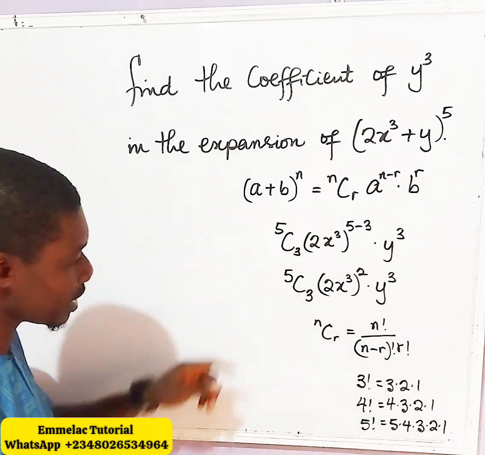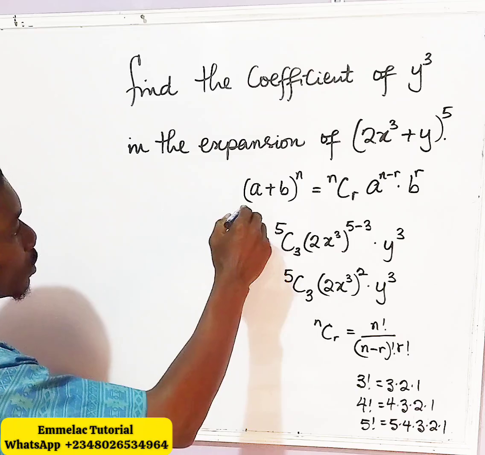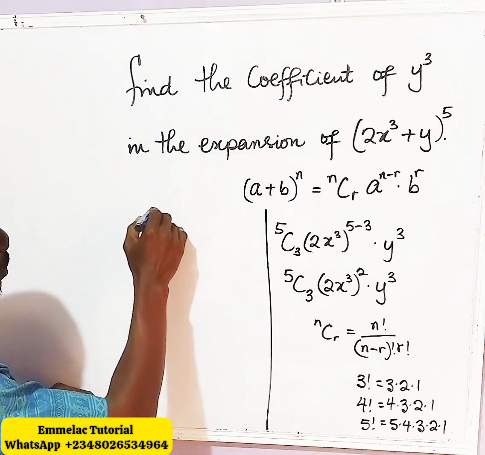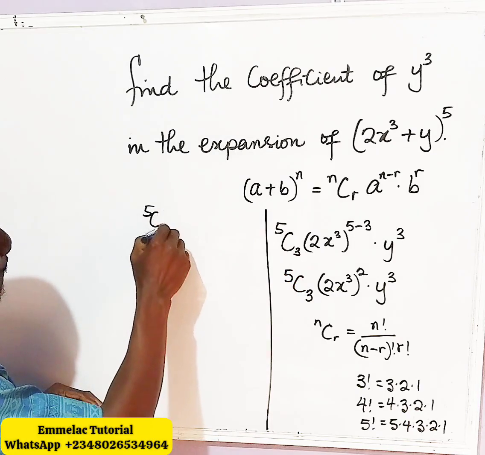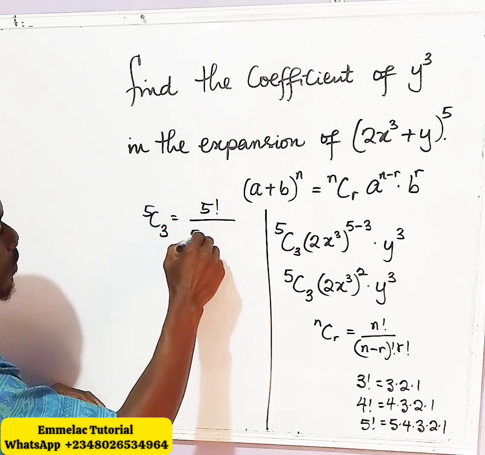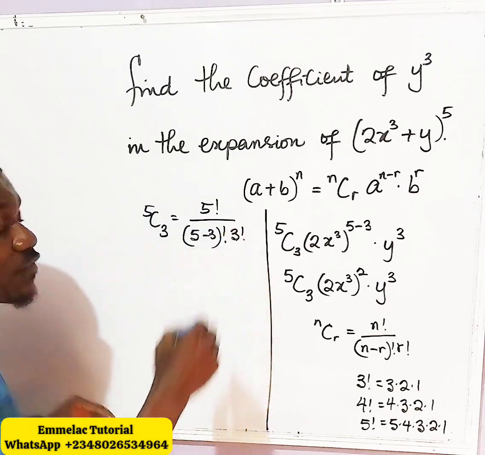So applying that here, 5 combination 3 just simply means 5 factorial all over (5 minus 3) factorial, then 3 factorial.